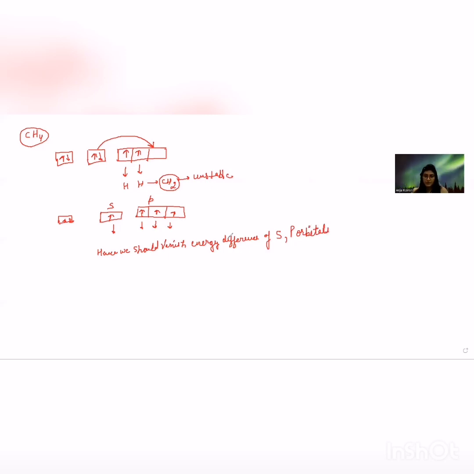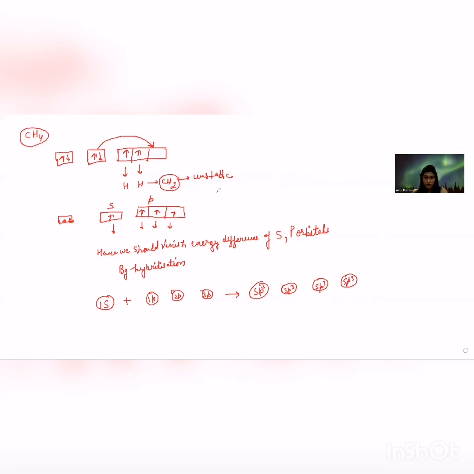To vanish this difference by hybridization, we intermix the 1 s orbital and 3 p orbitals, and we get 4 sp3 orbitals. These sp3 orbitals have equivalent energy.